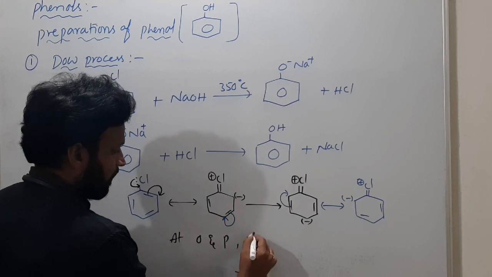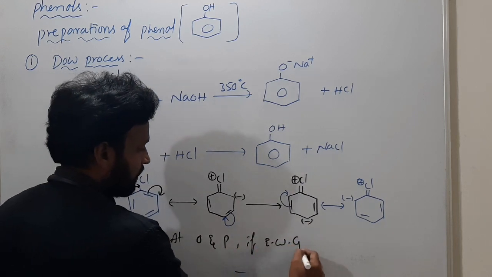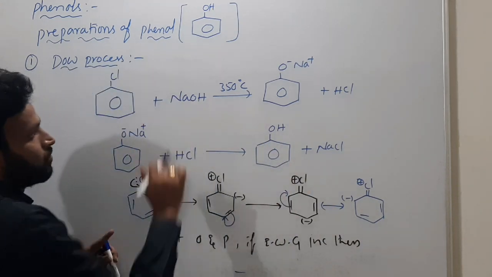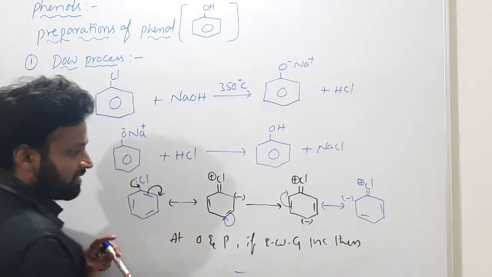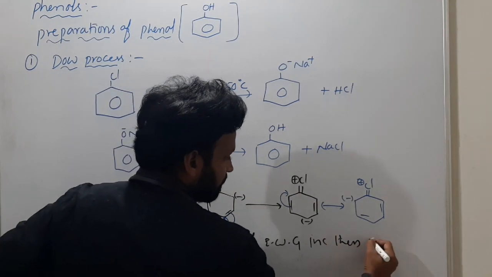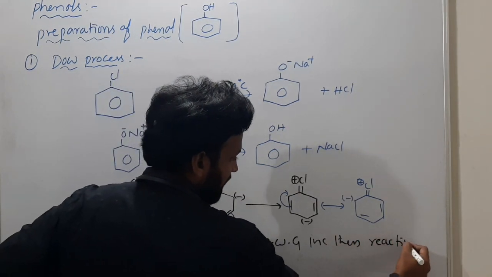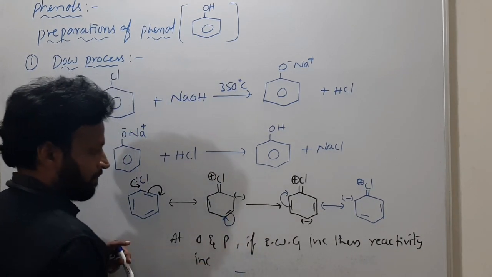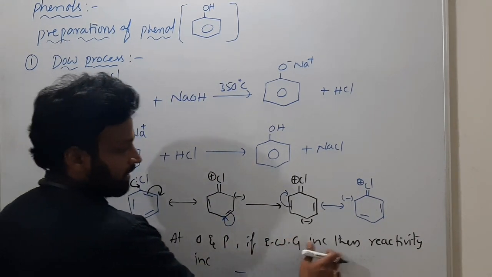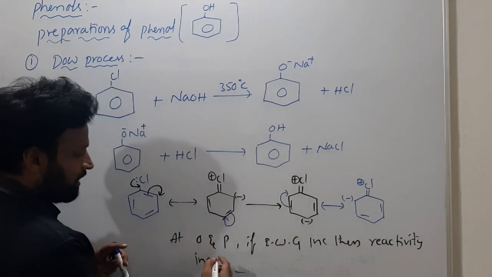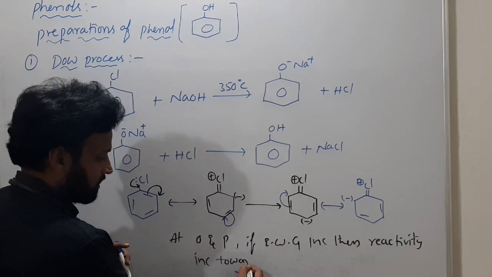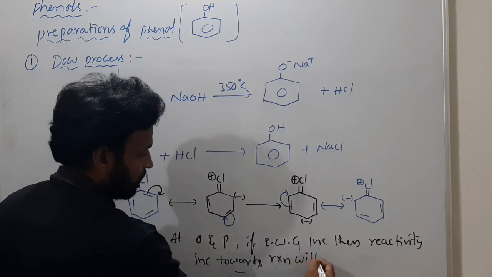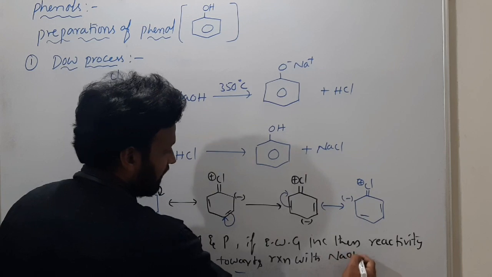para, if electron withdrawing groups increase, then reactivity towards NaOH increases. Then what happens? Reactivity increases or decreases? Increases. Electron withdrawing groups increase, then reactivity increases towards what? Towards reaction with sodium hydroxide.